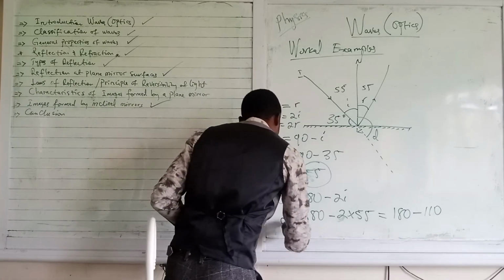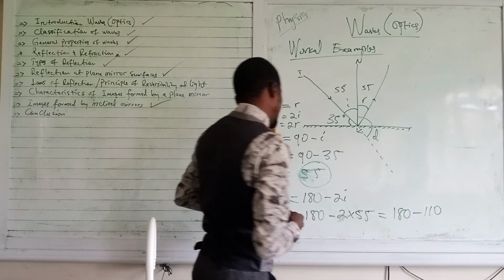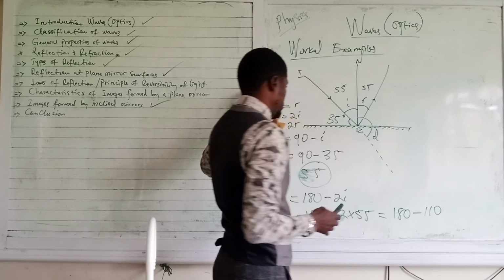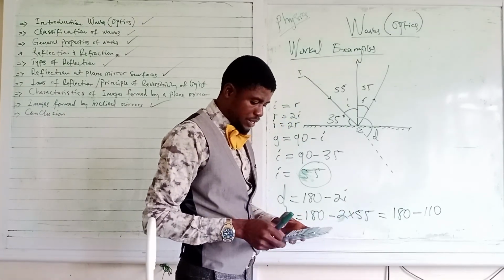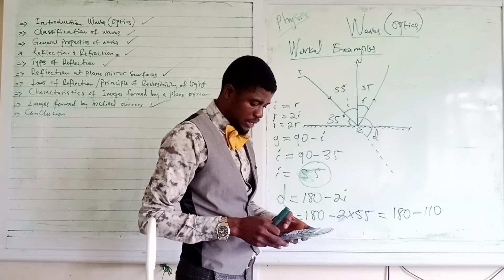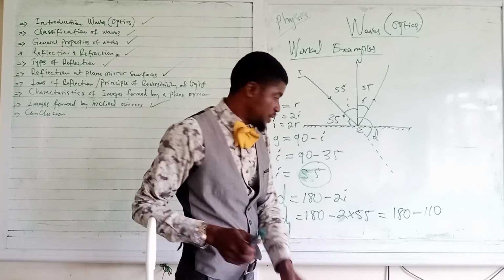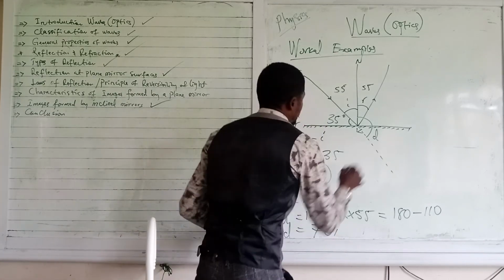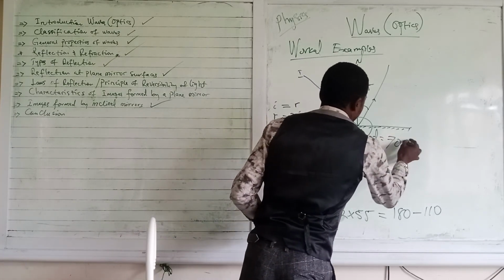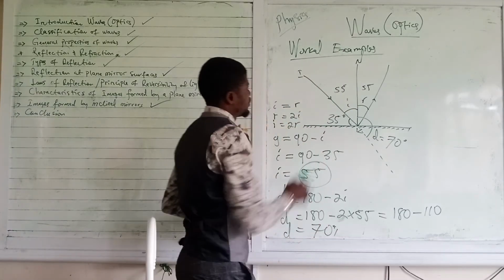So our angle of deviation is 70 degrees. Yes, our angle of deviation is simply 70 degrees. This angle is 70 degrees.